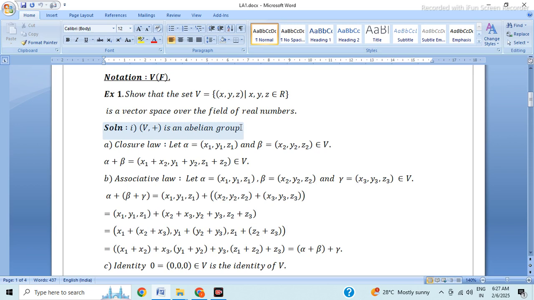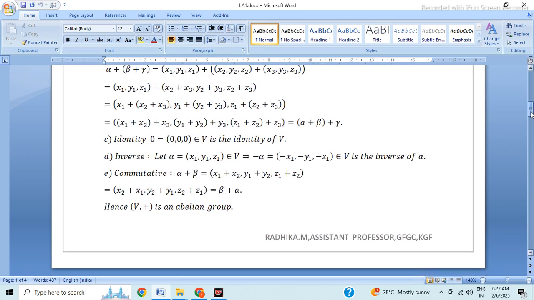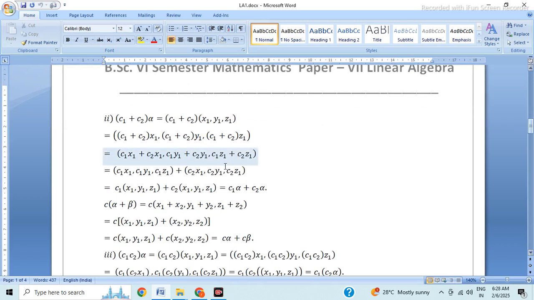For that: closure law, associative law, existence of identity, inverse, then commutative law. Then we got V plus is an abelian group. After that, we move on to the next conditions: C1 plus C2 alpha is C1 alpha plus C2 alpha. Then next one is C into alpha plus beta is C alpha plus C beta.